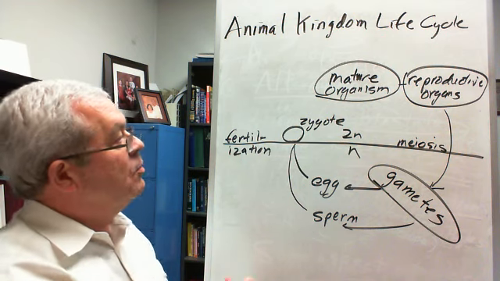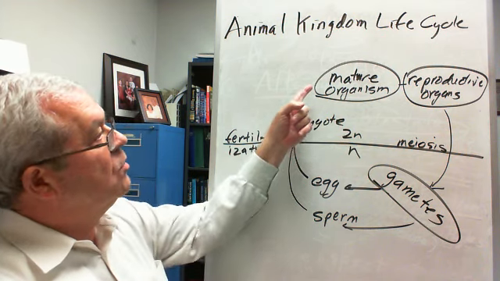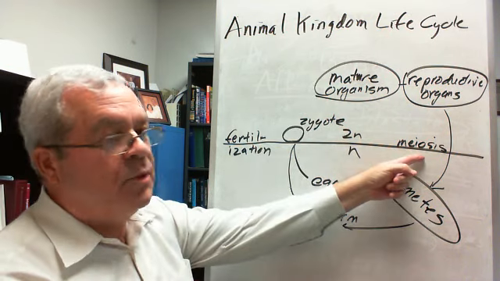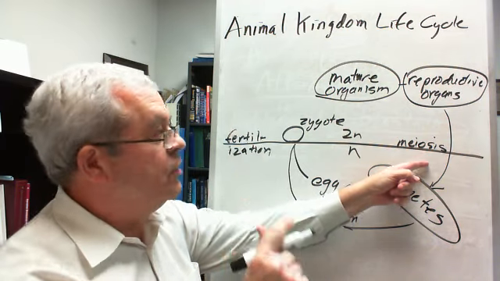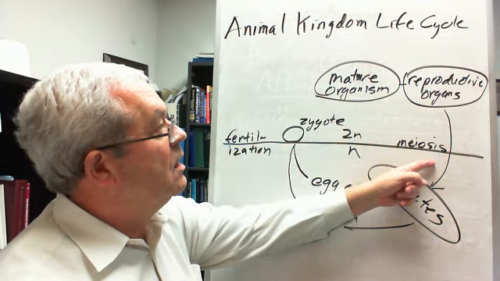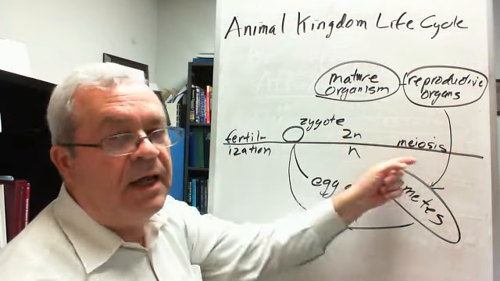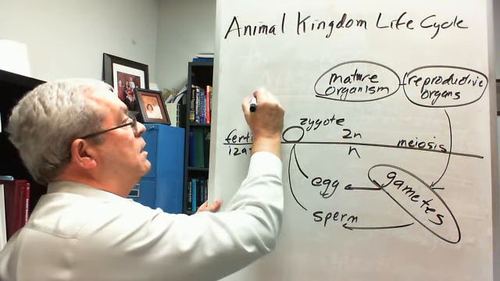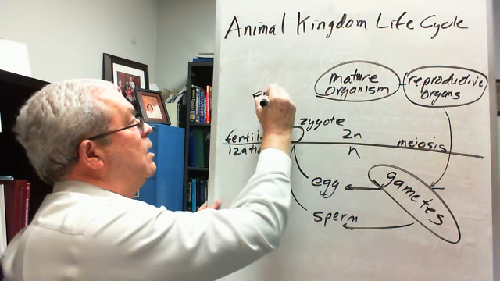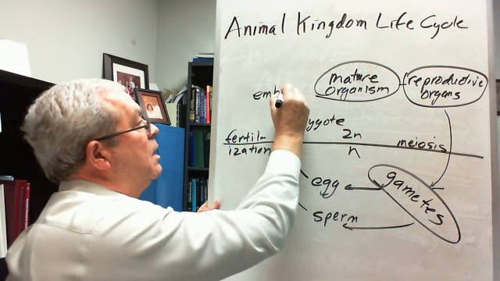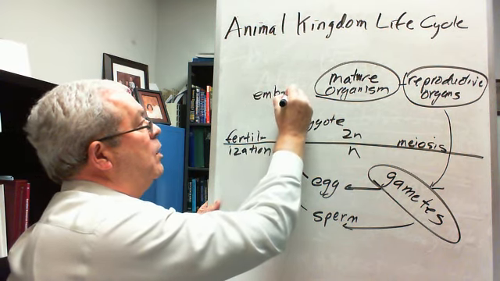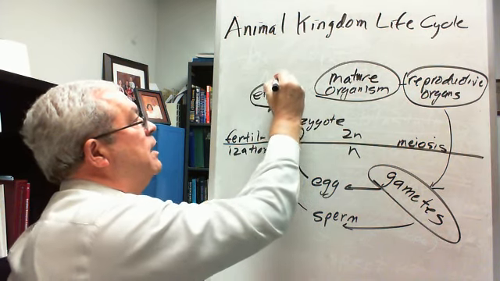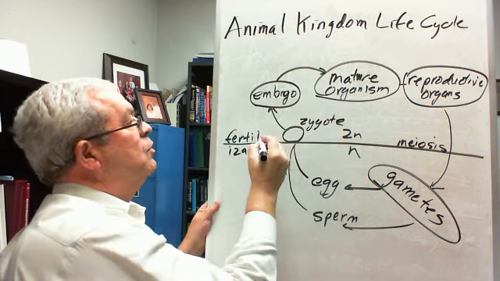And so, what process turns a zygote into a mature organism? What cell division process? Not meiosis. That one has only one little mission, and that is to turn 2N cells into N cells. So it must be mitosis, right? And I'm going to put a little immature stage in here called the embryo. I want to connect the zygote to the embryo and the embryo to the mature organism.